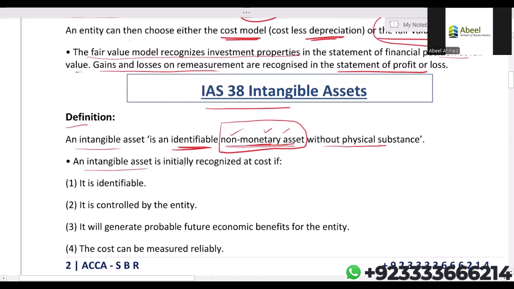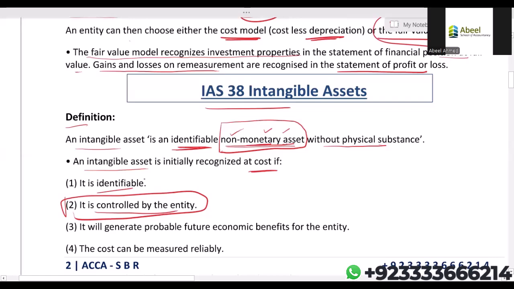An identifiable asset is initially recognized at cost. If it is identifiable, it is controlled by the entity. This is very important. Controlled by the entity. Can I say if Microsoft has developed a new software? Obviously that new software is identifiable because it is separately saleable from other assets.